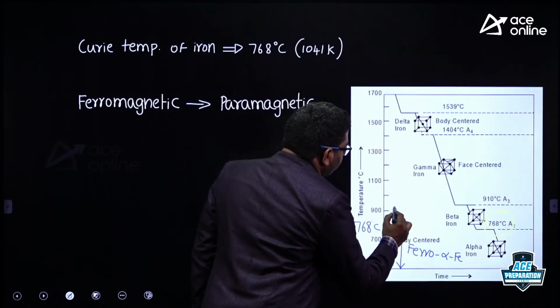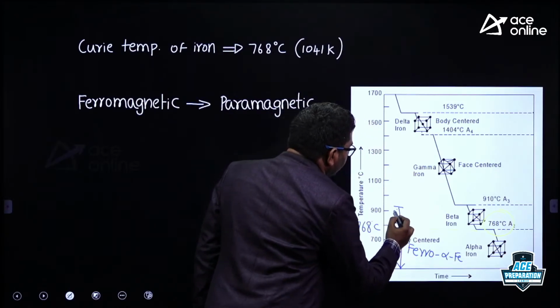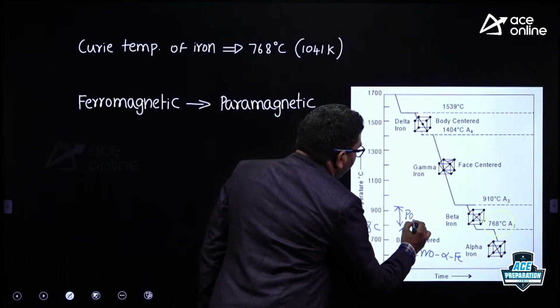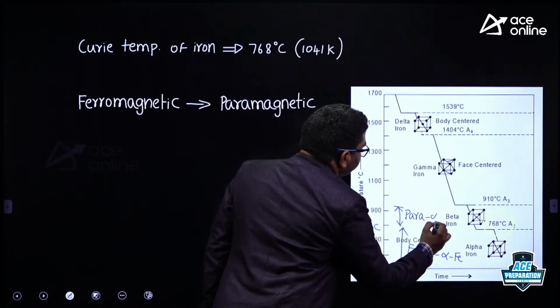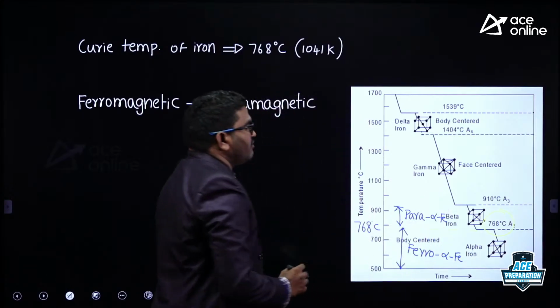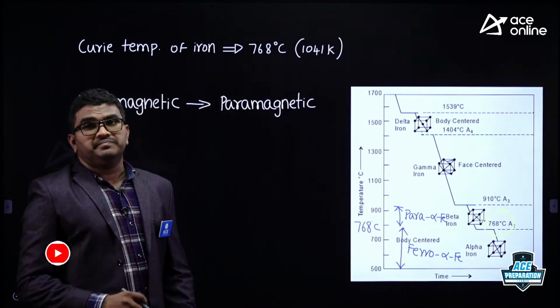And from 768 degrees Celsius to 910 degrees Celsius, the alpha iron is a paramagnetic alpha iron. This paramagnetic alpha iron is nothing but beta iron.